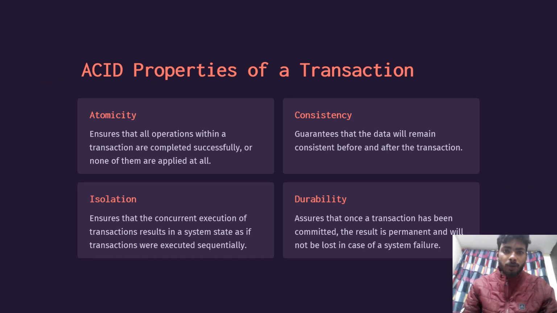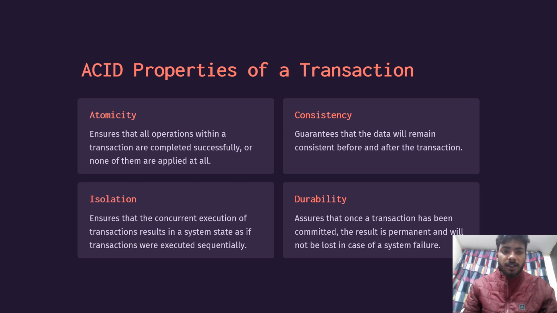ACID properties of a transaction: atomicity, consistency, isolation, and durability. Atomicity, ensuring that all the operations within a transaction are completed successfully or none of them are applied at all. Consistency guarantees that the data will remain consistent before and after the transaction.